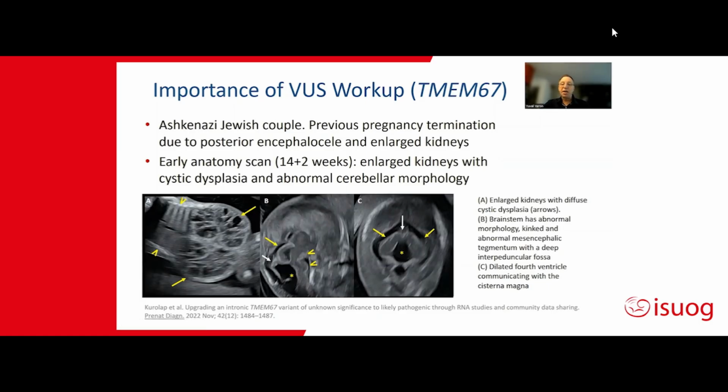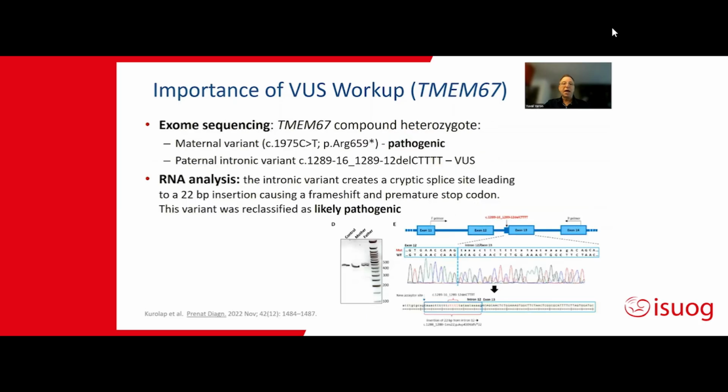As you can see here in figure B, the brainstem has an abnormal morphology, and also here in C, you can see a very dilated fourth ventricle communicating with the cisterna magna. So obviously this was a severe case.